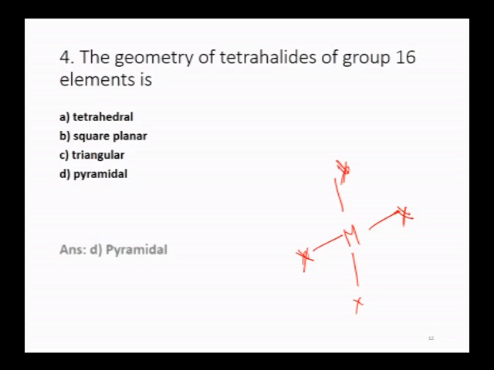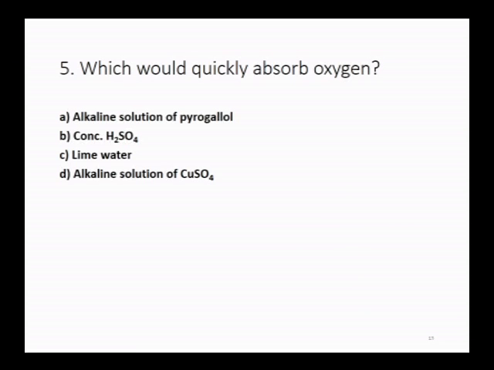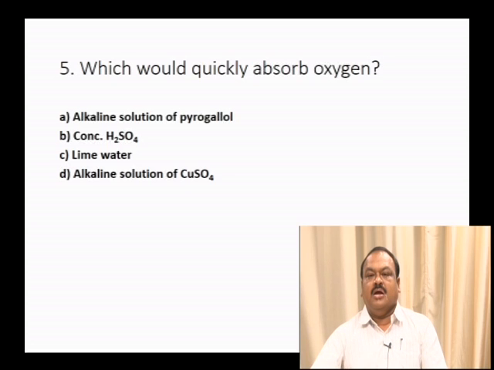Next, which would quickly absorb oxygen? Options are alkaline solution of pyrogallol, concentrated sulphuric acid, lime water, alkaline solution of copper sulfate. Among these, as you know, concentrated sulphuric acid absorbs water, lime water absorbs carbon dioxide, and alkaline solution of copper sulfate absorbs water.